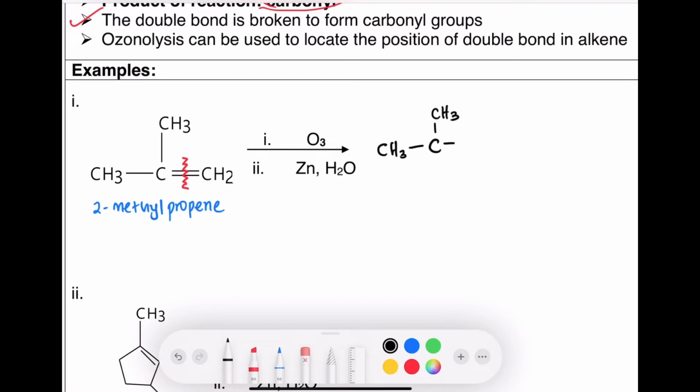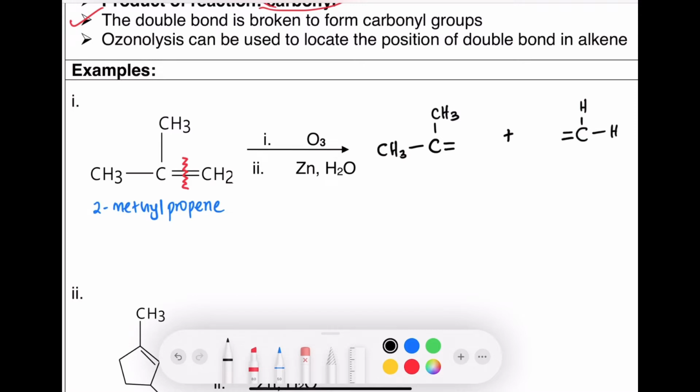Say this carbon has half part of the double bond, and then we have CH2, so I expand it, CH2. So this carbon also has another double bond half.